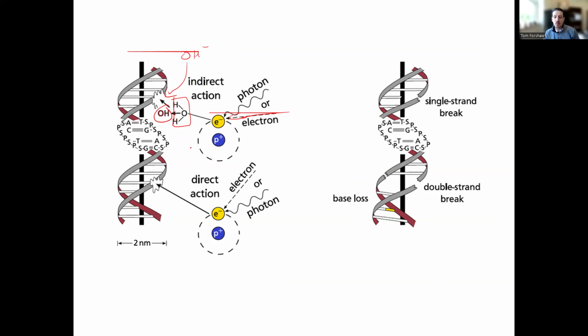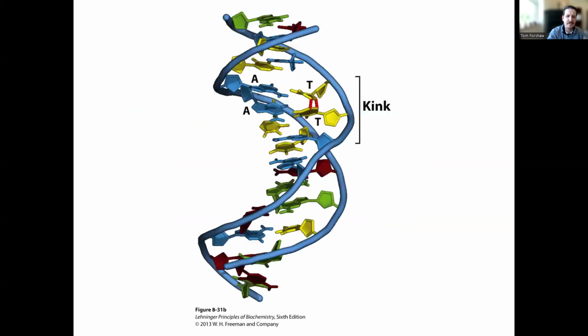So actually, it's the water in your cells reacting with the radiation and oxidizing to hydroxyl radicals that then damage your DNA. But the radiation can also directly damage the DNA and cause things like single-strand breaks, double-strand breaks, or loss of bases or joining together of bases as well. It can cause a variety of chemical reactions that damage the DNA.